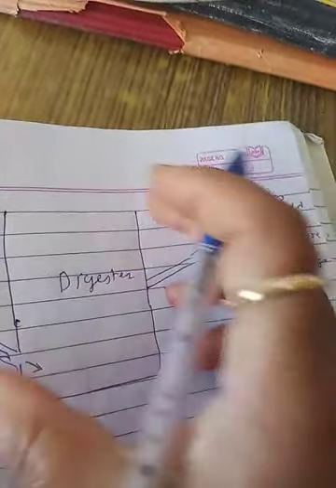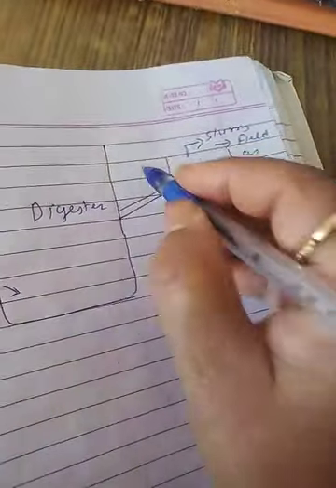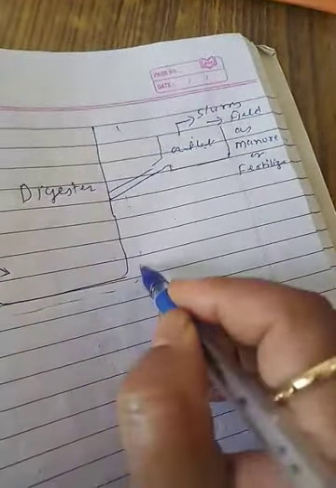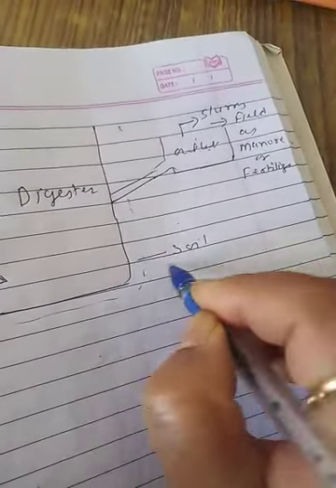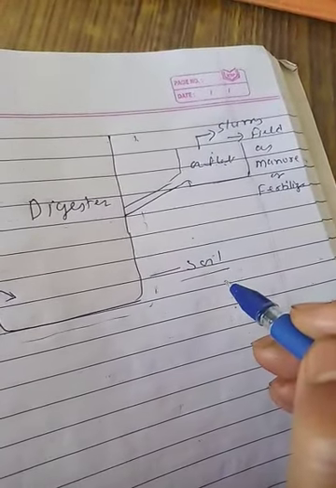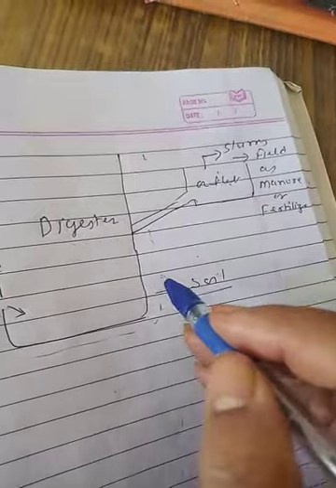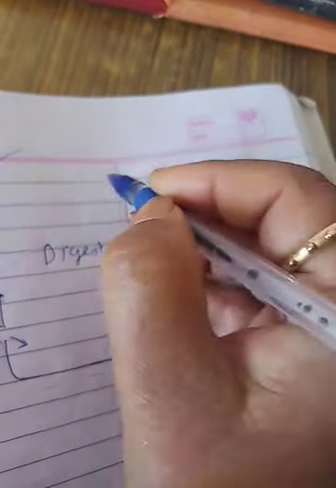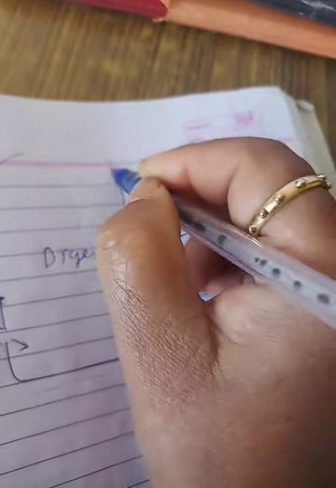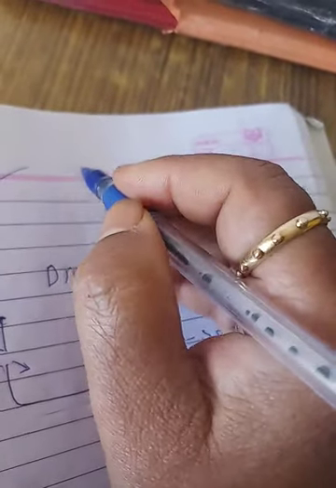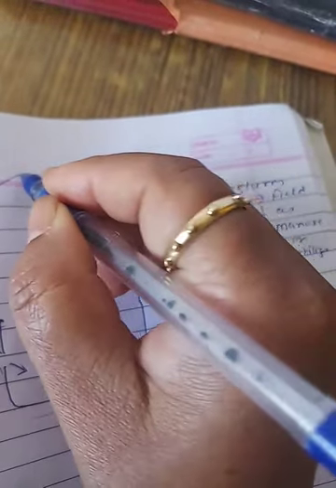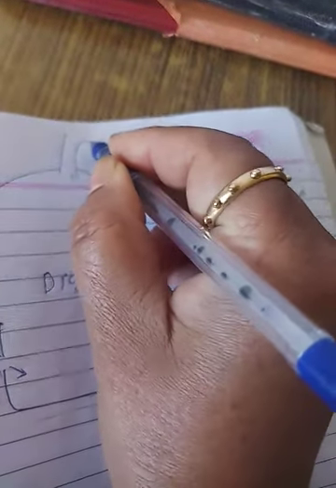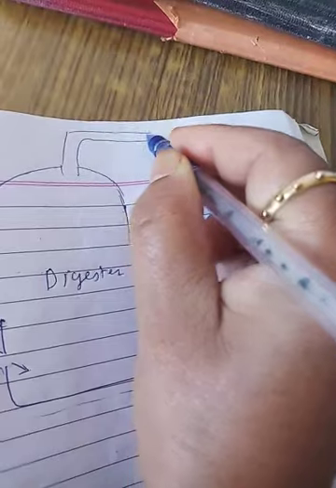The digester is buried under the soil. This portion remains inside the soil, buried under the soil. And the cylindrical container is kept above the digester, through which the gas is collected.